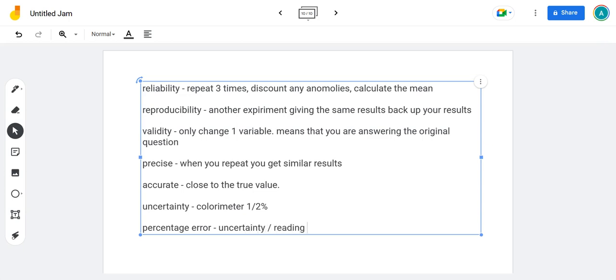So, for example, if you got a reading of 80%, then your uncertainty is 0.5, divided by 80, which is 0.8 as a decimal. And the way to reduce your percentage error is by measuring always in larger amounts.